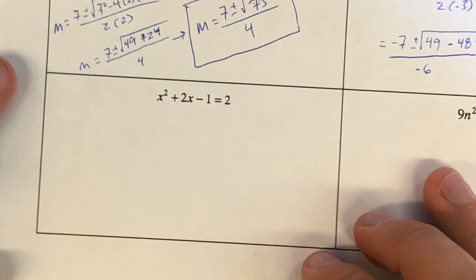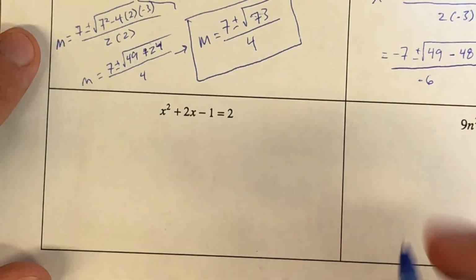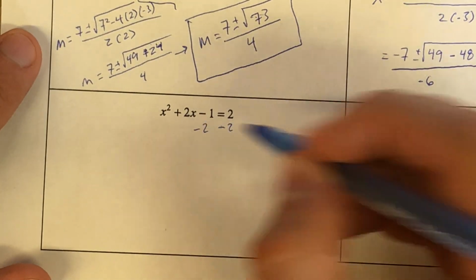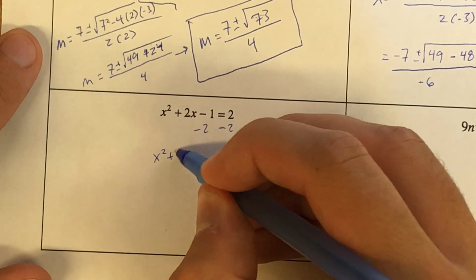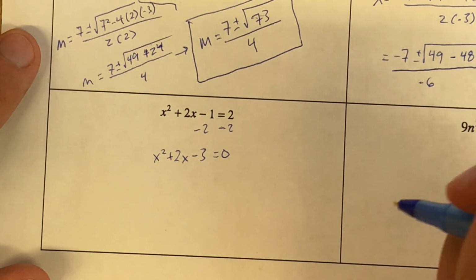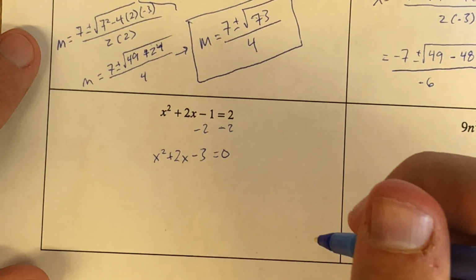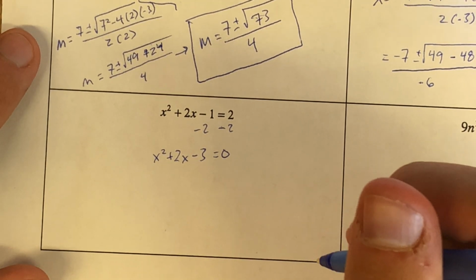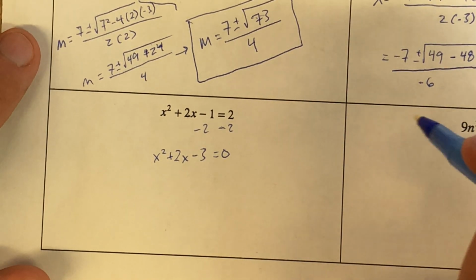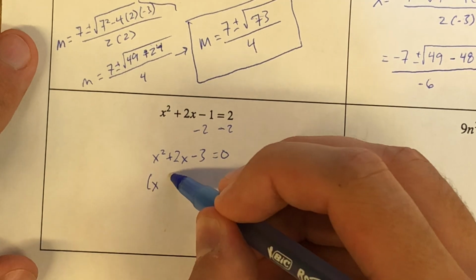Okay. 2 more. x squared plus 2x minus 1 equals 2. Gotta set it equal to 0, so let's subtract 2 from both sides. x squared plus 2x minus 3 equals 0. Okay, so we can use the quadratic formula, although sometimes you don't need to.